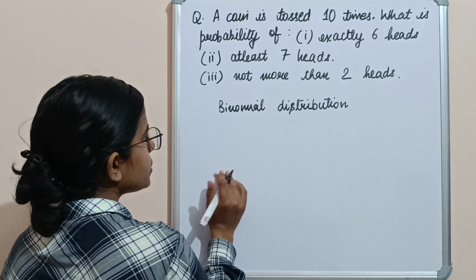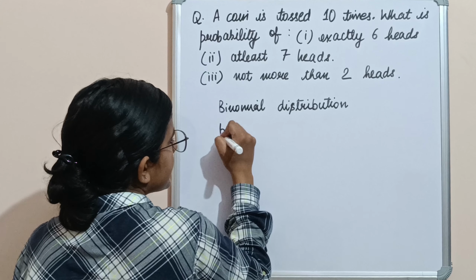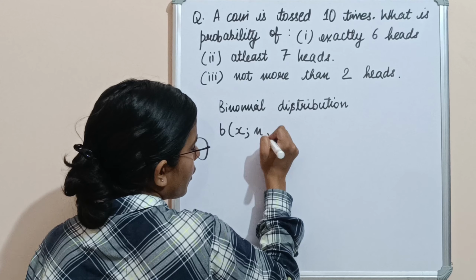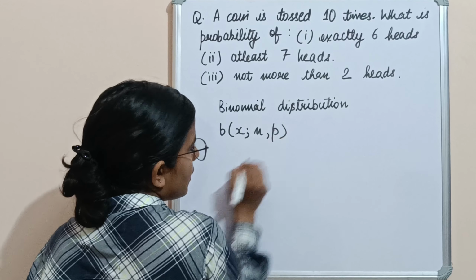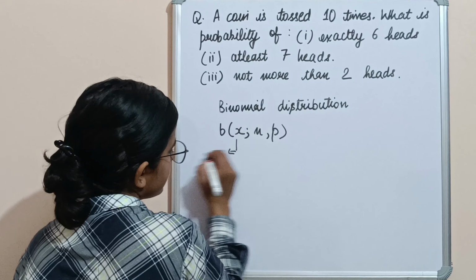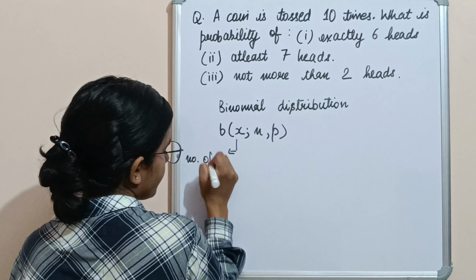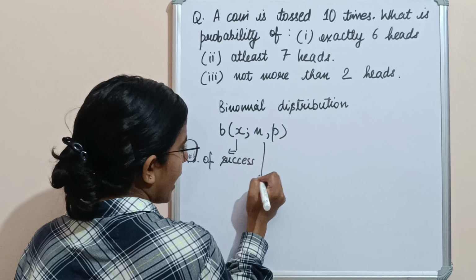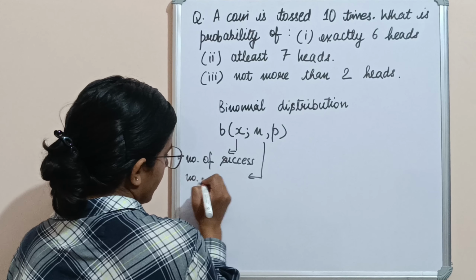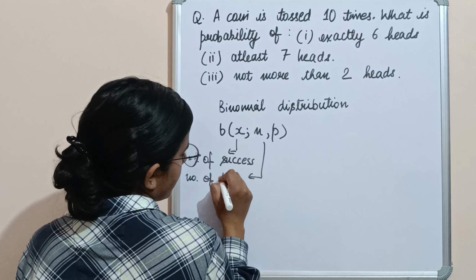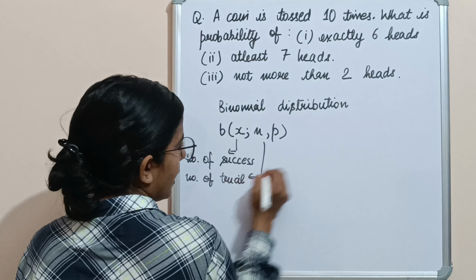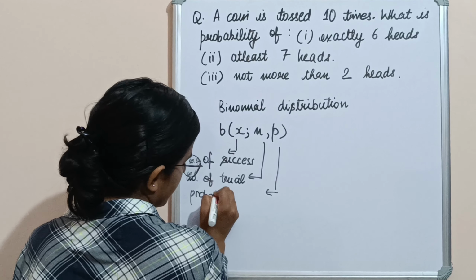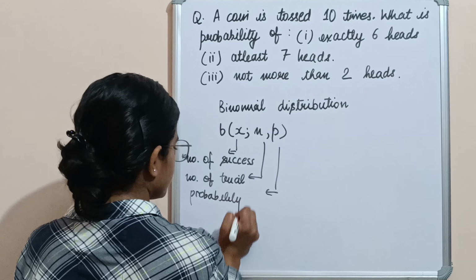Now, binomial distribution is denoted by b(x; n, p), where x is number of success, n is number of trials, and p is probability of success.